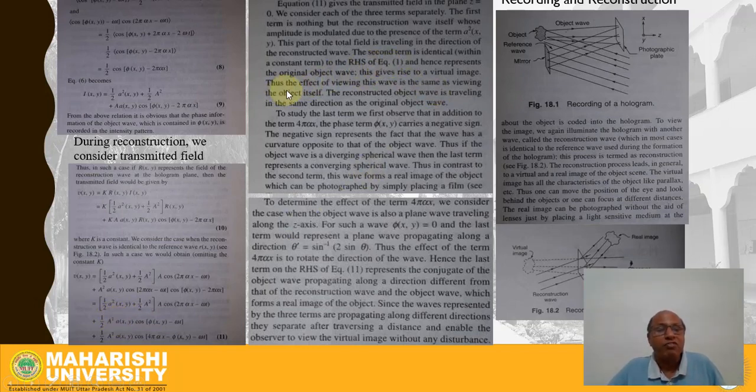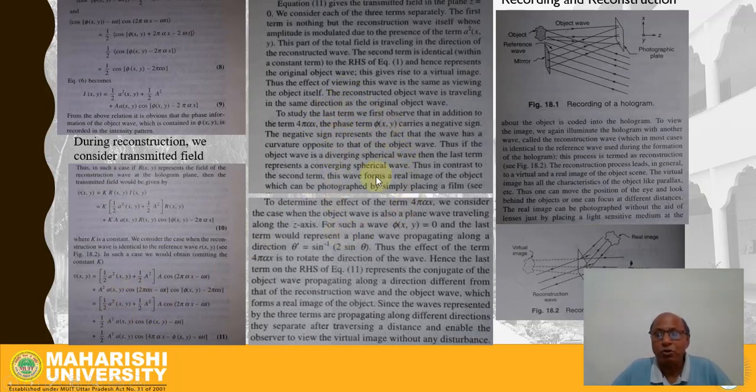And the third term is giving you the complete information about alpha phi, that is the phase of the first wave, as well as the phase in the z direction. So that means this gives you the complete reconstructed image, this is the virtual image, and this is the real image. Now, this is what is explained here.